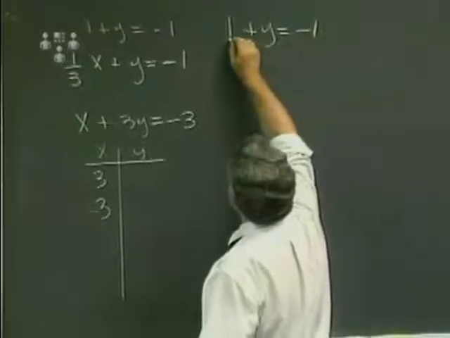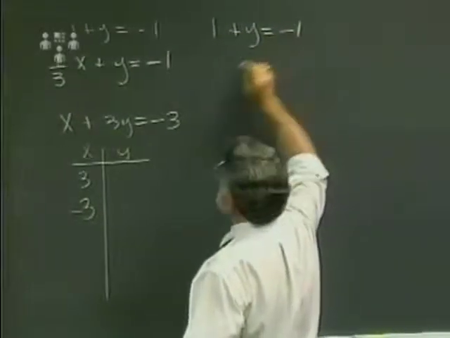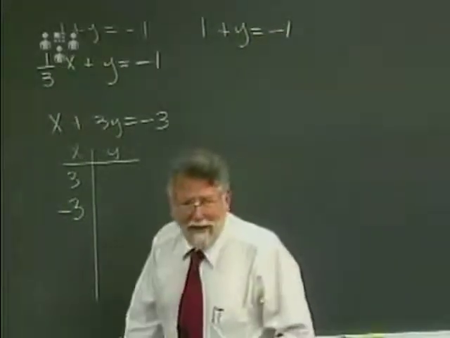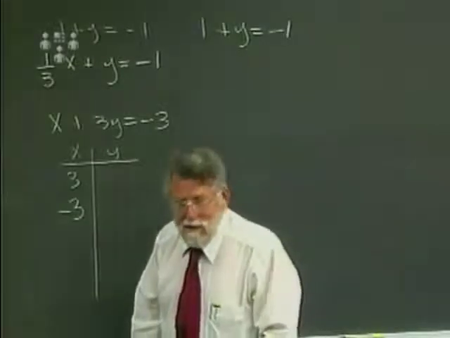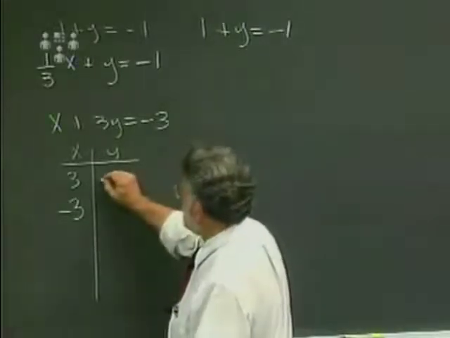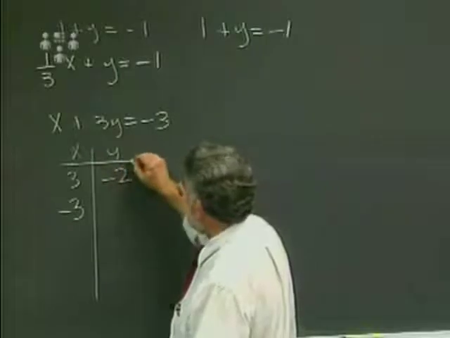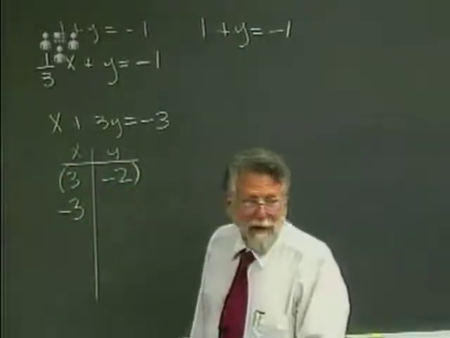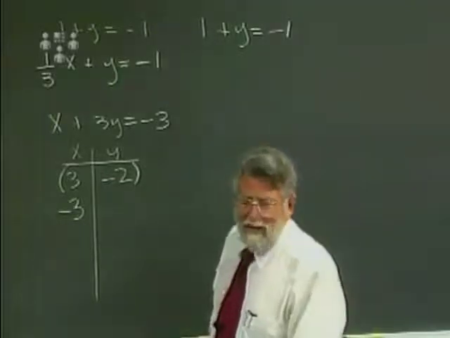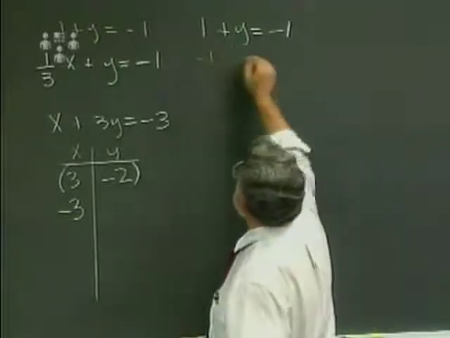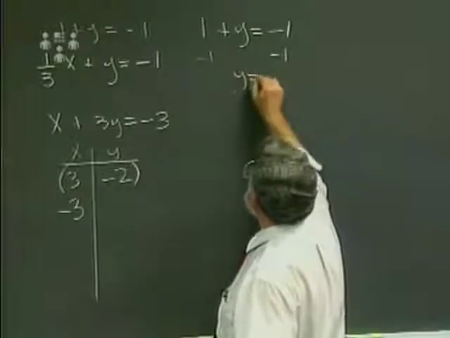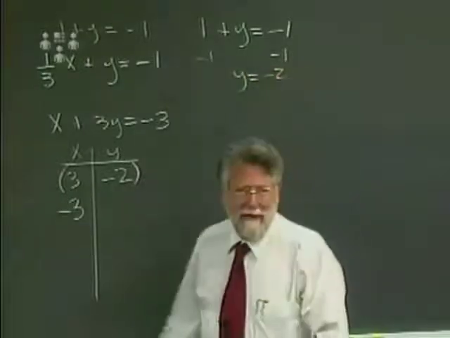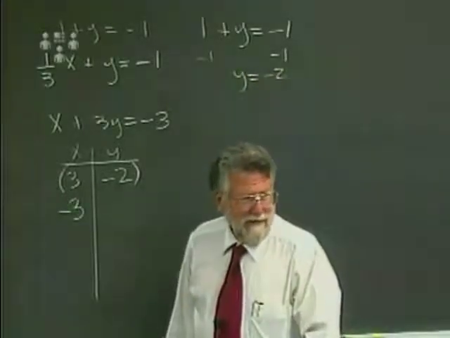What do I have to add to 1 to get negative 1? A negative what? 2. If you have 1 plus y equals negative 1, subtract 1 from both sides, y equals negative 2.